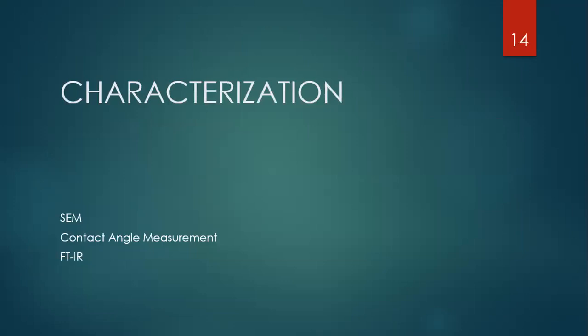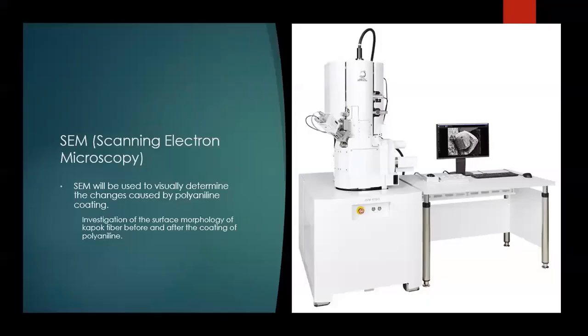For the characterization, we will use SEM, contact angle measurement, and FTIR. The SEM will be used to visually determine the changes caused by polyaniline coating, to investigate the surface morphology of the kapok fibers.